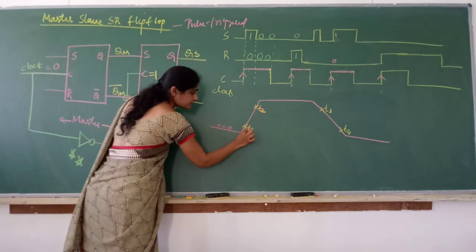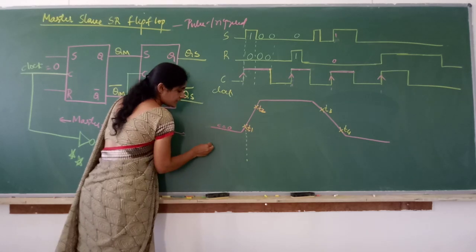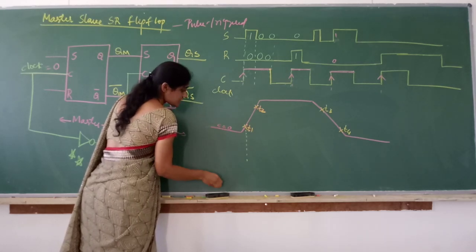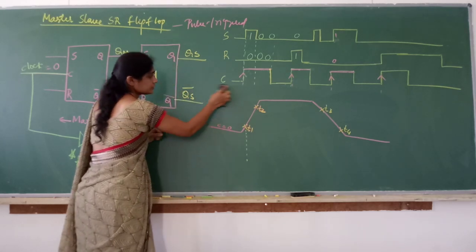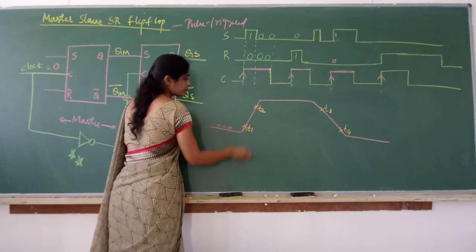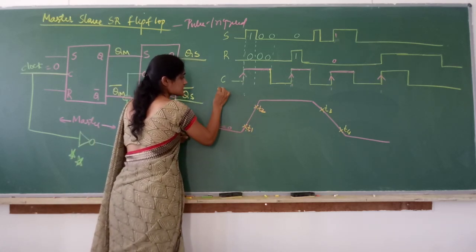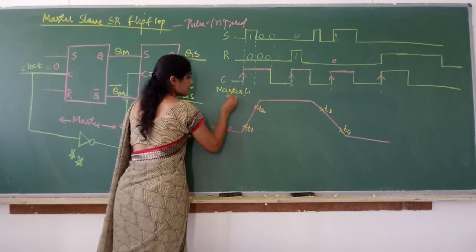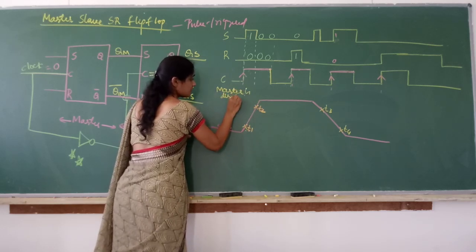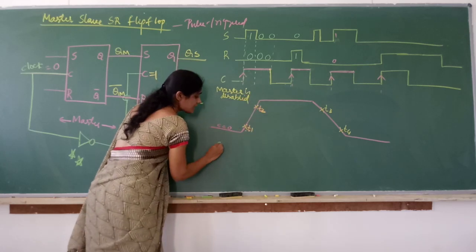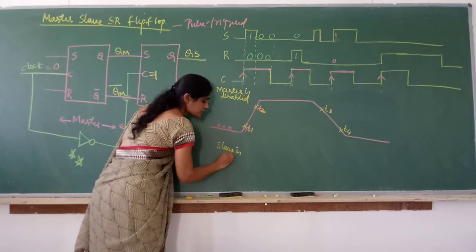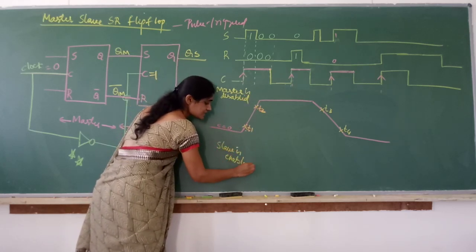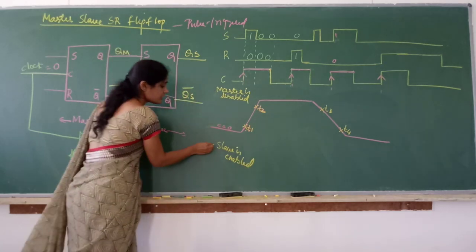So till here we have analyzed: the master is disabled, whereas the slave is enabled. Am I correct? From here we are analyzing.